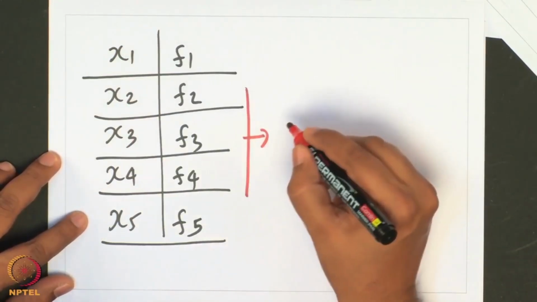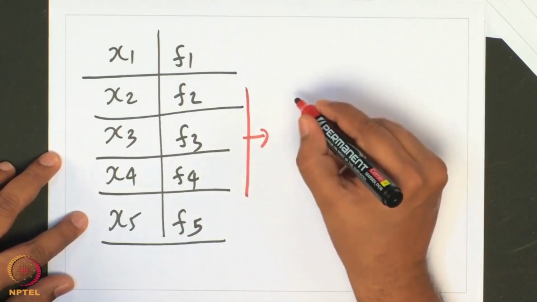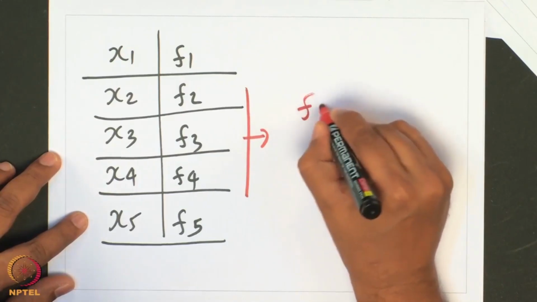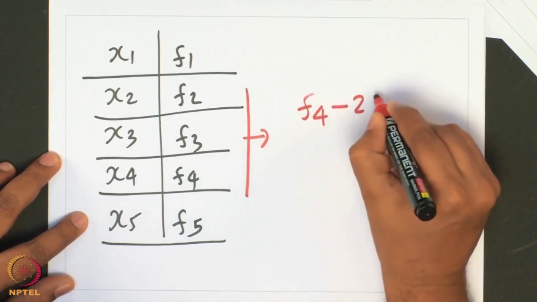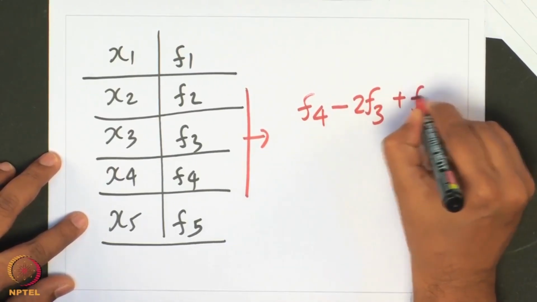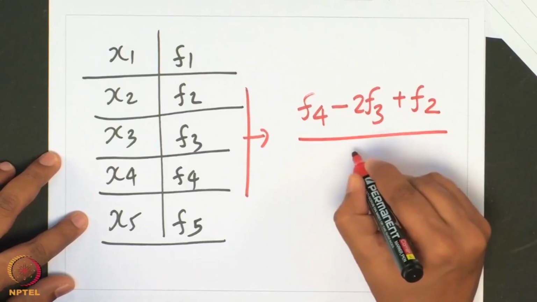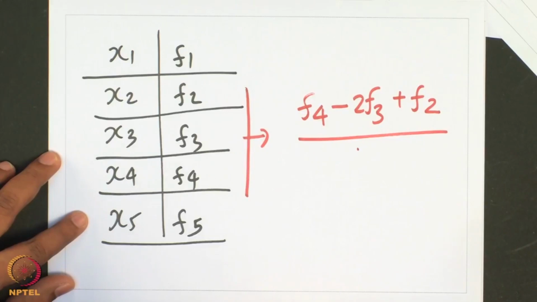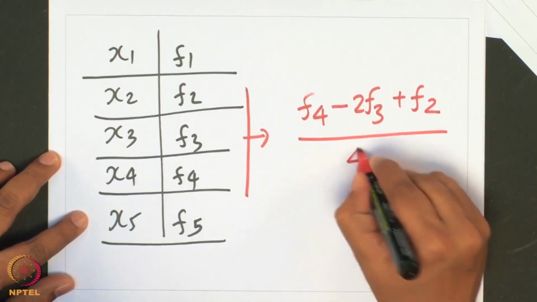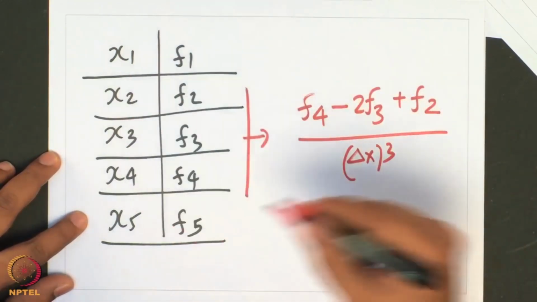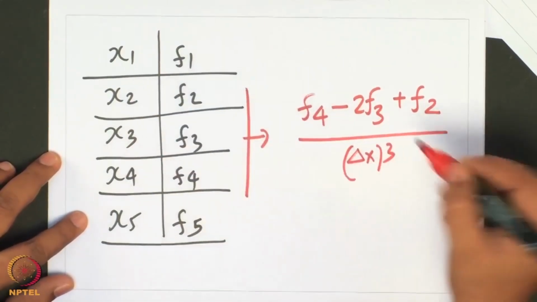If you assume all of these delta x are the same, you could write this as f4 minus 2 f3 plus f2, divided by delta x square, where delta x is the difference x3 minus x2 or x2 minus x1 and so on.